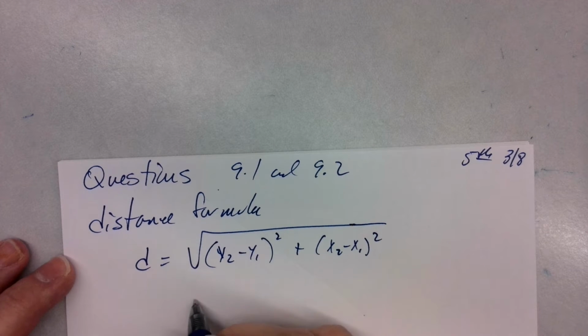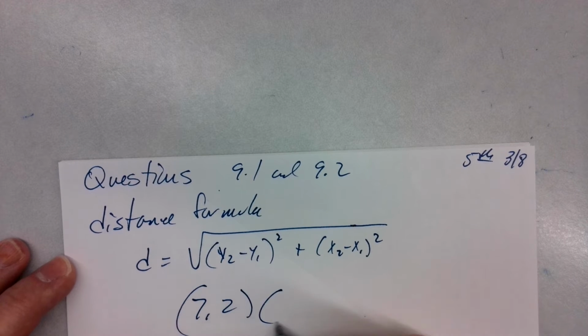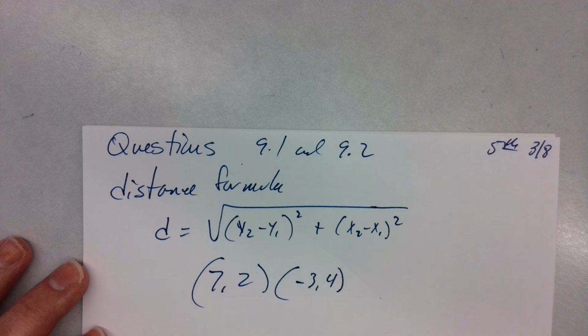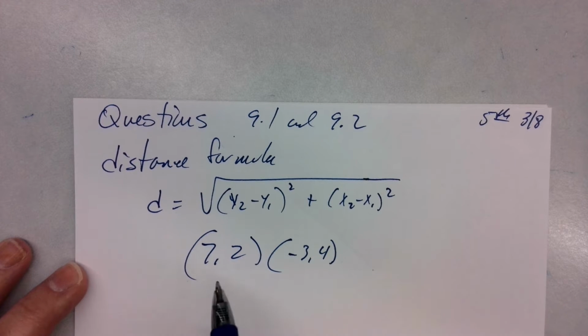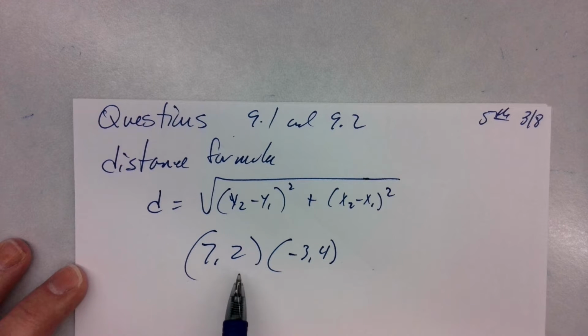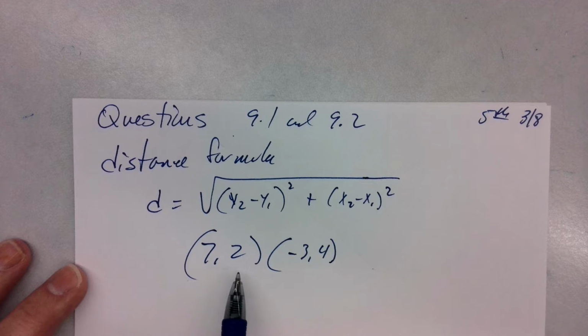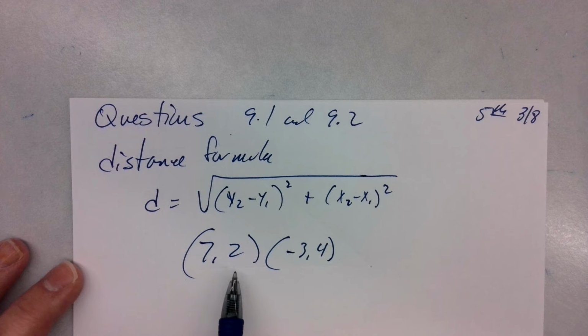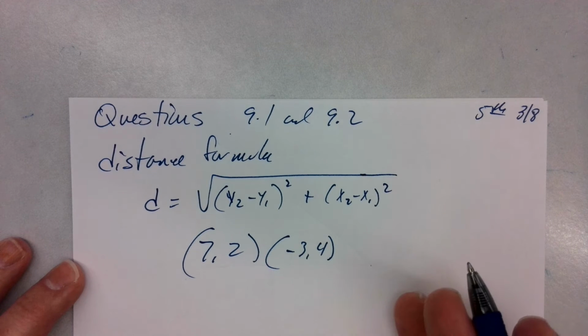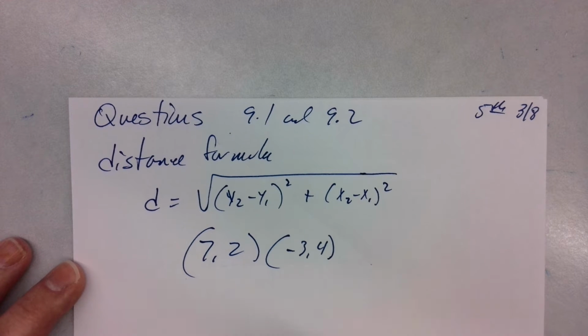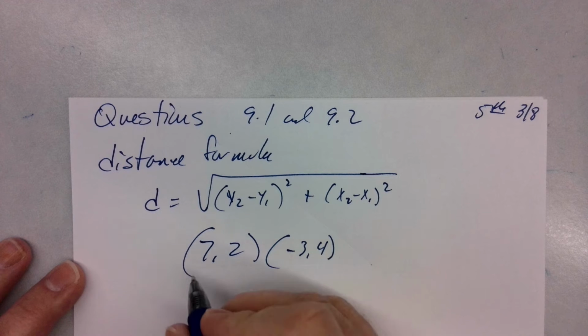So if I had the point 7 and 2 and the point -3, 4, and I wanted you to find the distance between those 2 points, you would first do what? The first thing you want to do is label your points. So 7 would be my x1.